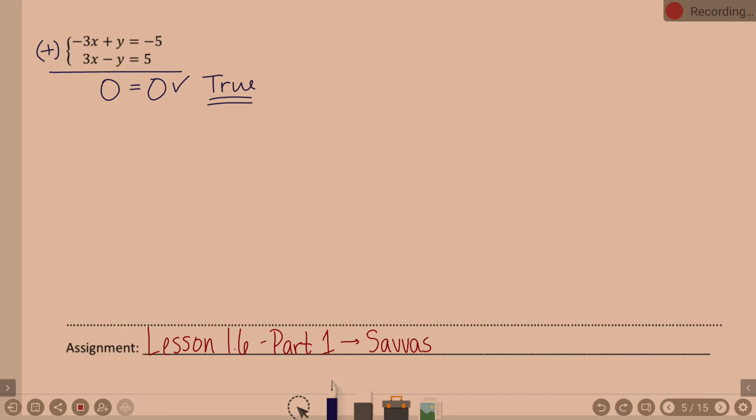I think you'll see something along those lines. What if it was 0 equals 10? No solution. We talked about that on Friday, right? But because this is a true statement, infinitely many solutions. Infinitely many solutions is what you'd see.